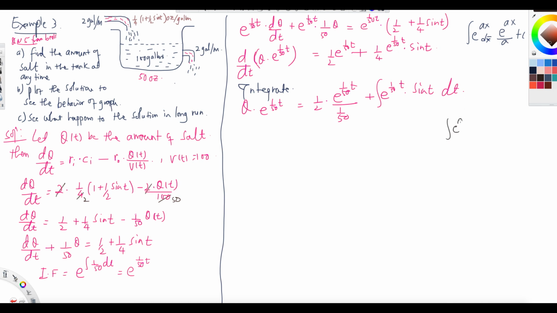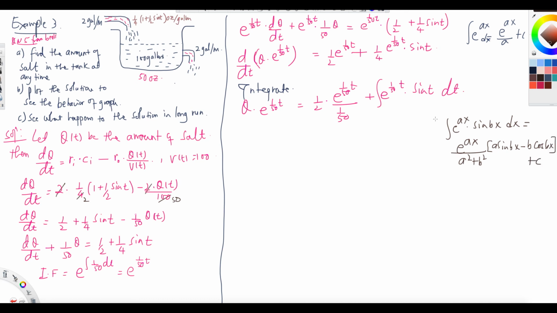The integral of e to the ax times sine bx dx is e to the ax over a square plus b square, and then in the bracket, you write a sine bx minus b cosine bx, and then plus c.